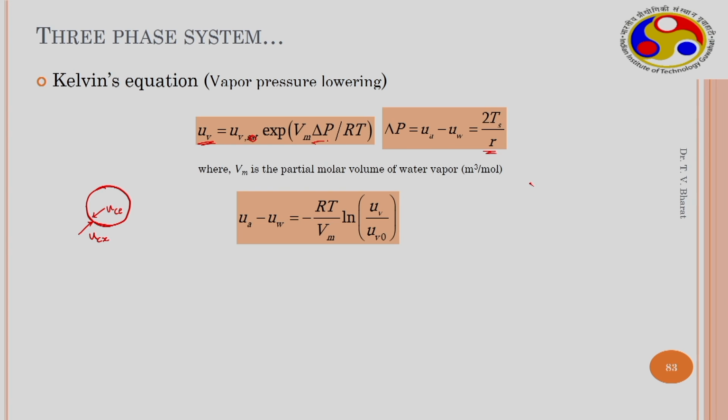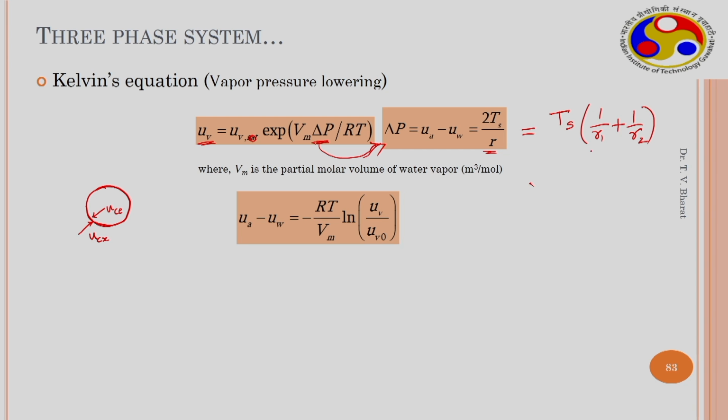So the delta P here could be estimated from different equations we have discussed so far. It could be from the Laplace expression, which is delta P equals 2 Ts by R, used for spherical curved surfaces, or the Young-Laplace equation for non-spherical curved surfaces, which is Ts times 1 by R1 plus 1 by R2.